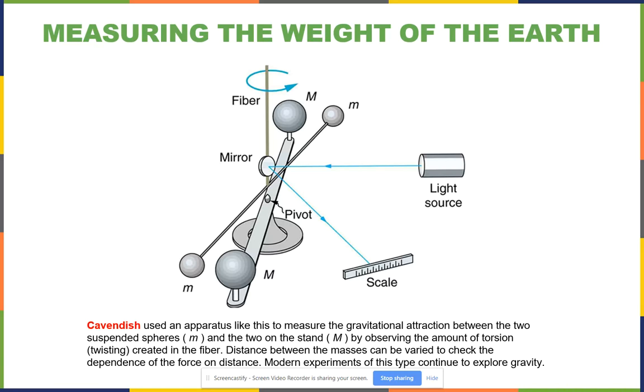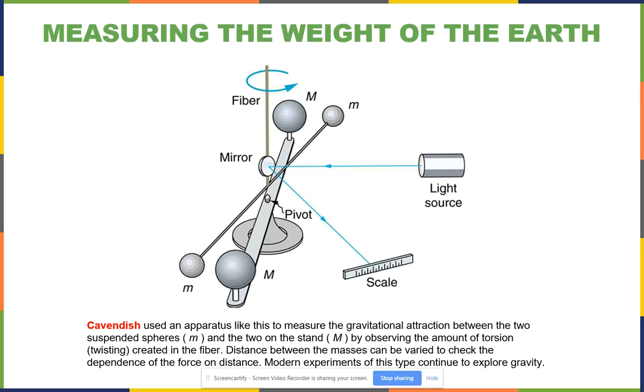One set of balls is hanging from a torsional string, a string that acts like a spring. If you rotate it a little, it has a torque to bring it back that's proportional to how much you rotate. So you can determine how big the force is by how much it rotates.